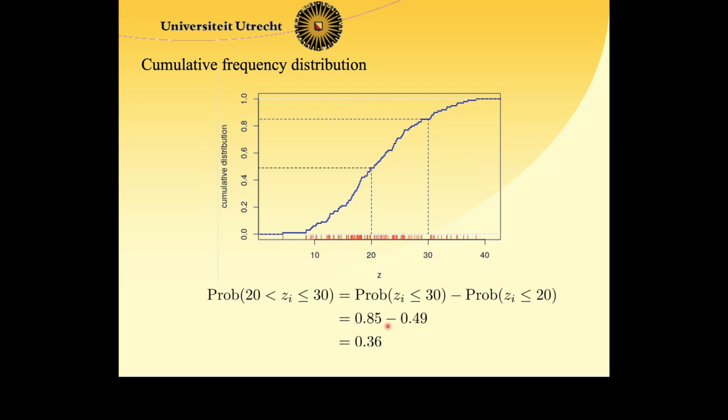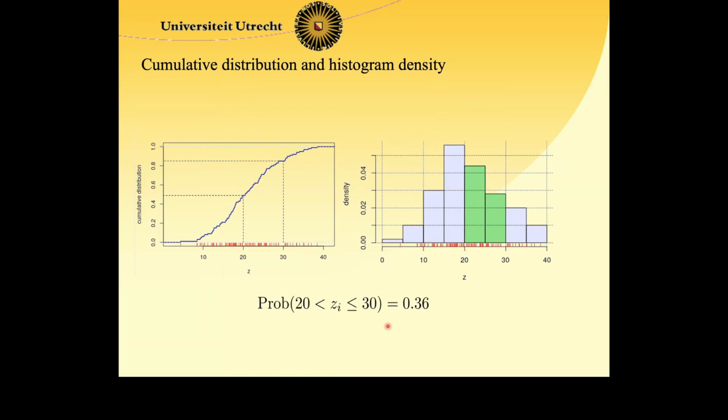So basically they are two sides of the same coin, as you can see. We can get the probability that z is in between certain values directly by reading it from the cumulative frequency distribution, or get it from the histogram or relative frequency or density distribution.